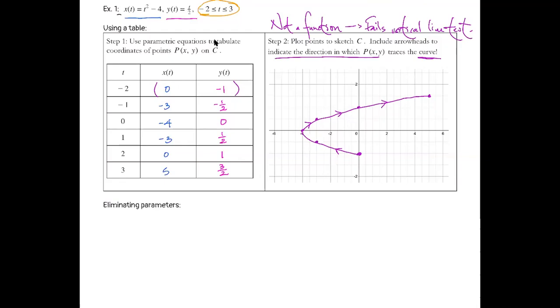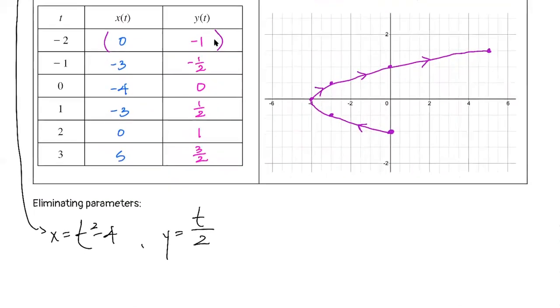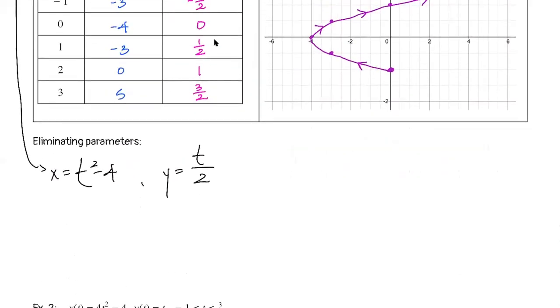So let's take our parametric equations down here and write them as x equals t squared minus 4, and y equals t over 2. When we say eliminate the parameter, our goal is to end up with one equation that does not have any t's in it.